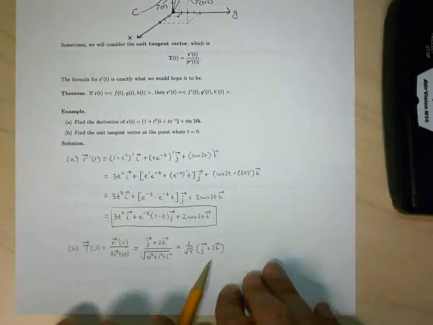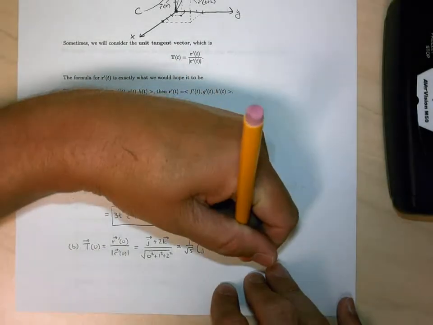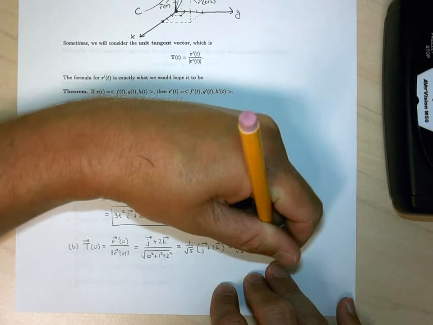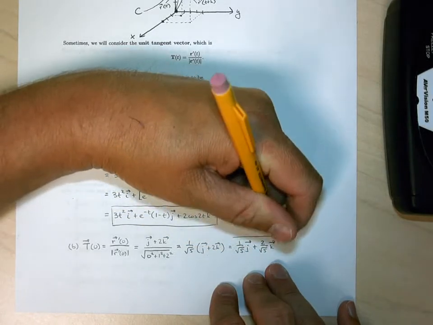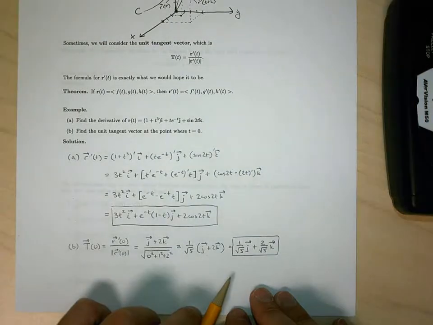And we could distribute that 1 over square root of 5, giving us 1 over the square root of 5 j plus 2 over the square root of 5 k. So this is the unit tangent vector at 0.